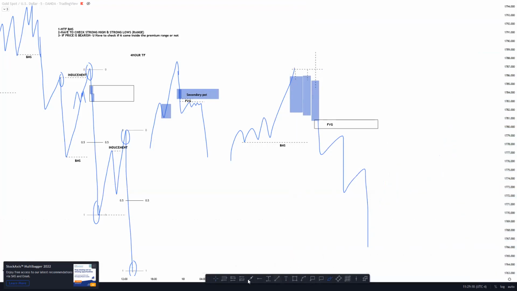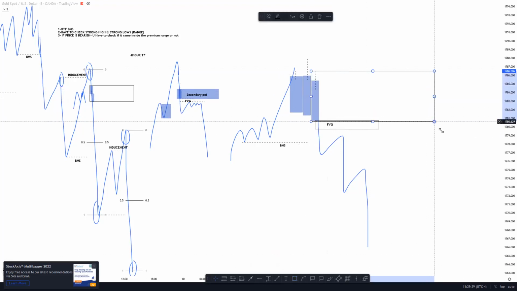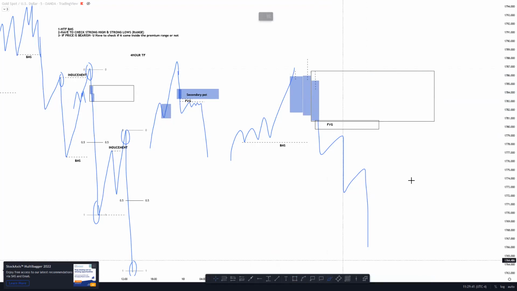And if this candle would not have taken out any liquidity, and this candle has taken out the liquidity here only, and just below this candle we have the fair value gap. So if we look for sells from here, this will be a low probability trade.